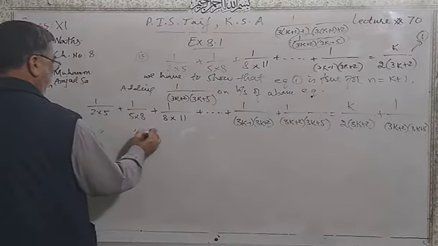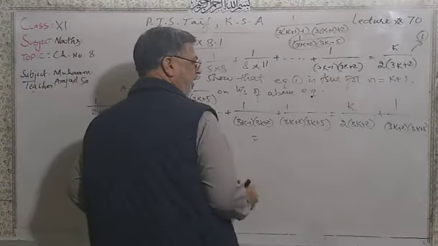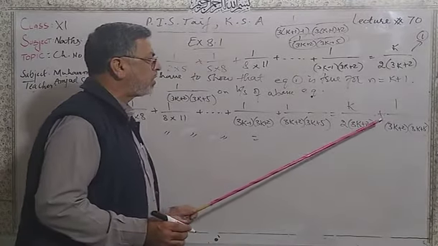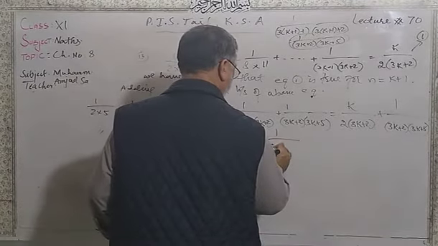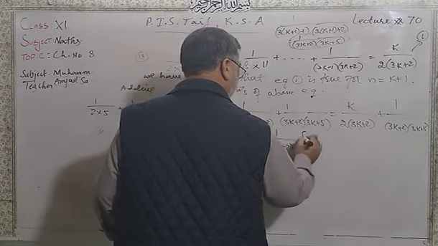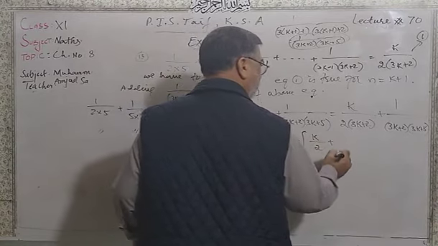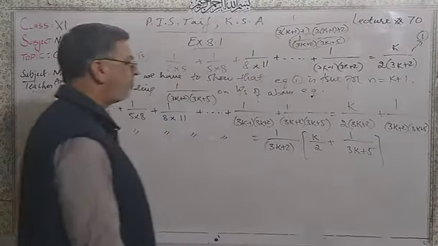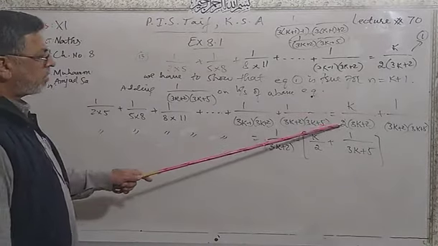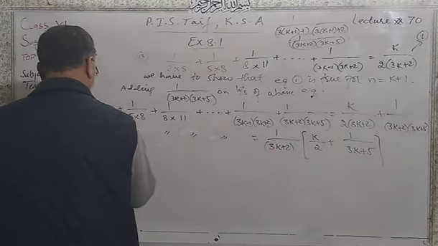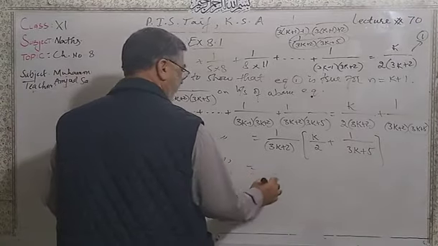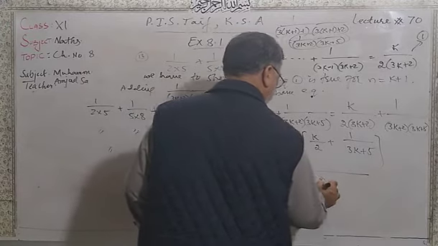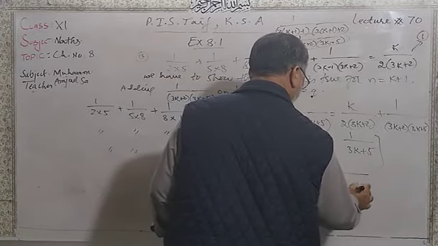The left hand side we will write down as it is. From the right hand side take 1 over 3k plus 2 common, and inside we have k over 2 plus 1 over 3k plus 5. Take the LCM, 2 into 3k plus 5.